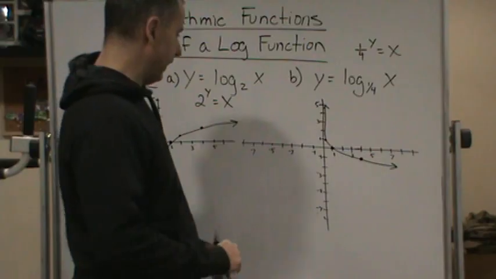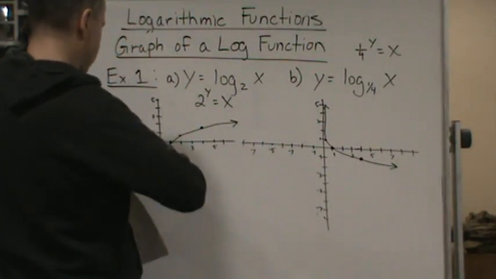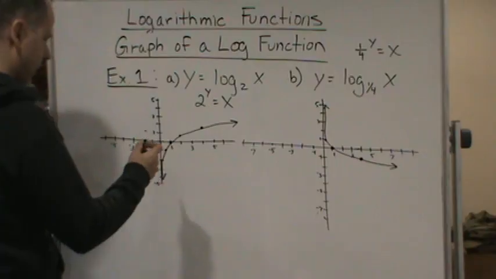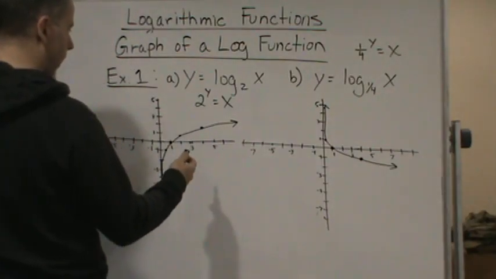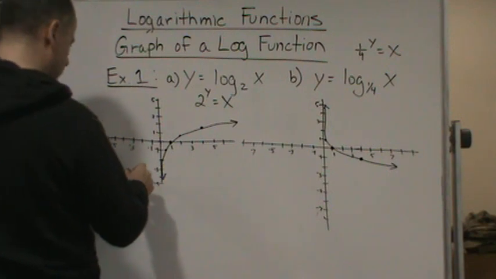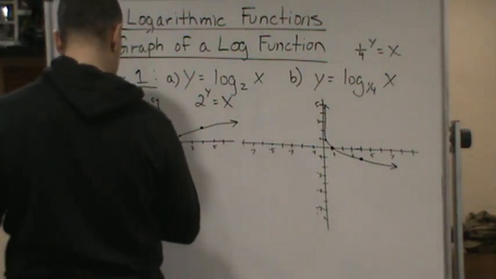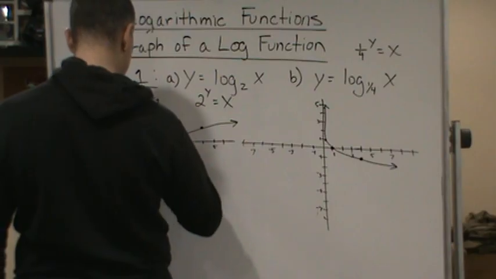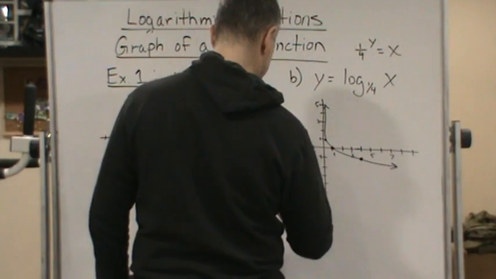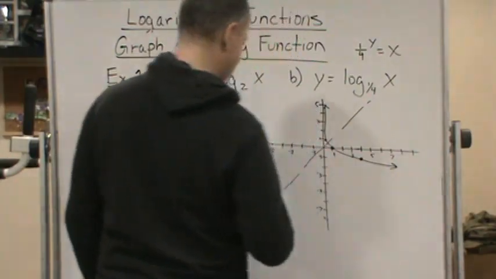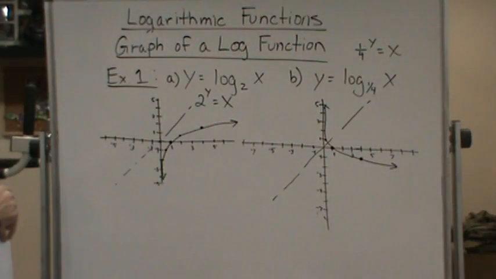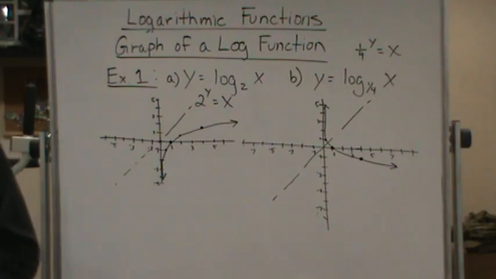But in reality, as I've mentioned before, because log functions and exponential functions are inverse functions, these are actually reflections across the line. We'll look closer at that. But that's just giving you an idea of what the graphs look like.